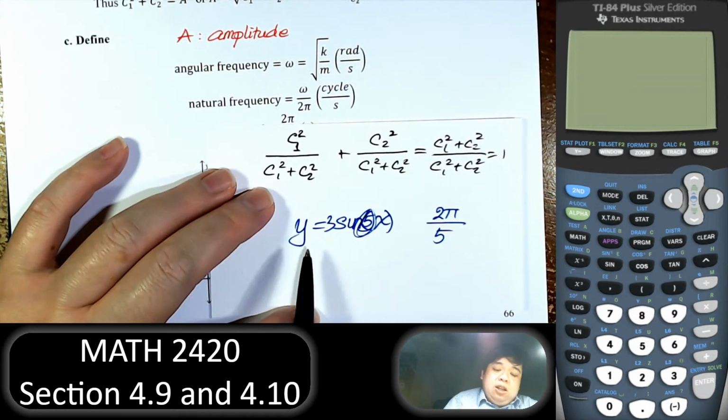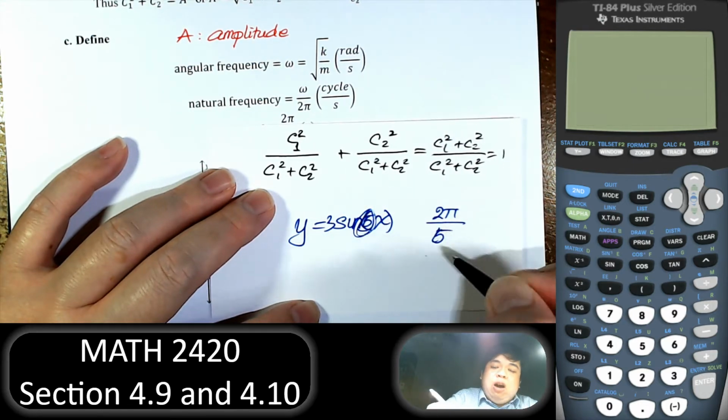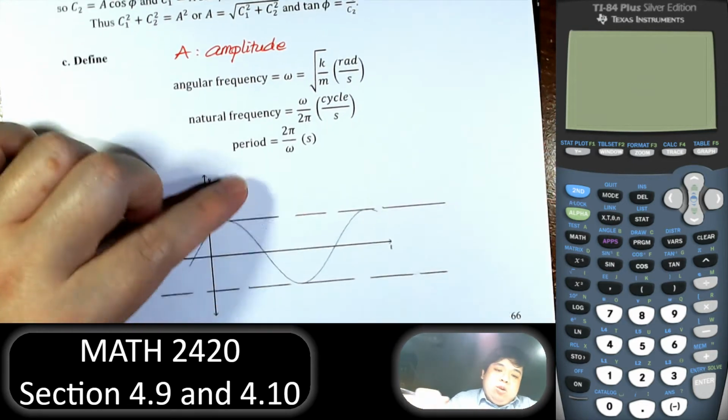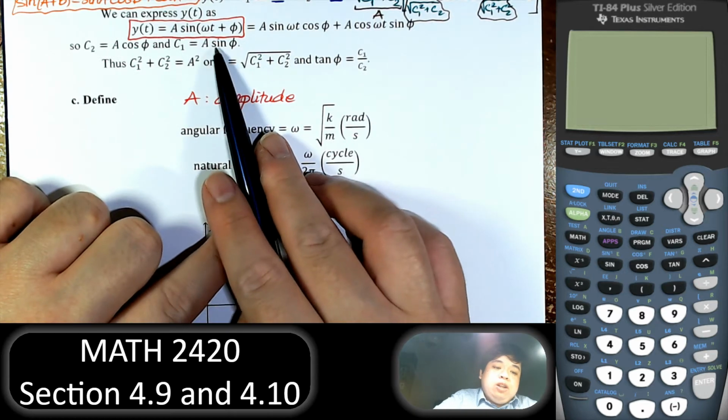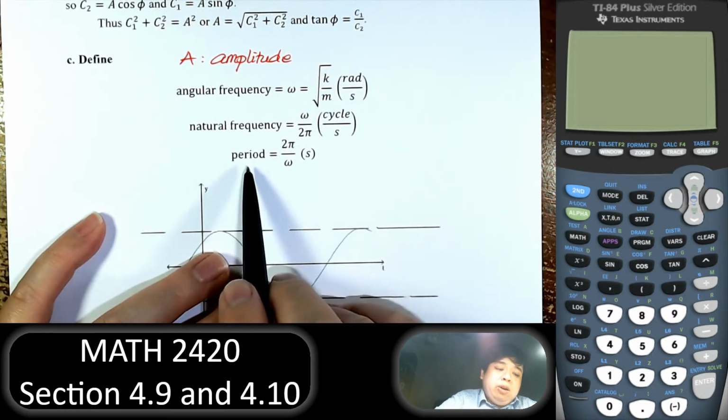In this case, the period is 2 pi divided by 5. If we have 6, that will be 2 pi over 6. So it's going to be 2 pi divided by the coefficient of t, or the coefficient of the variable. So there's nothing new here. The period is what we have.